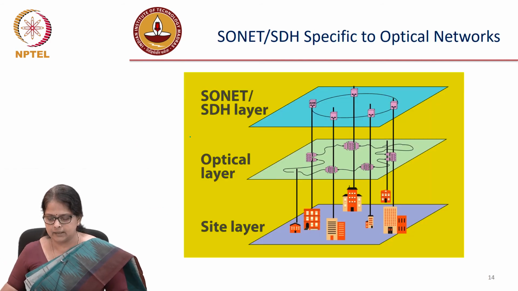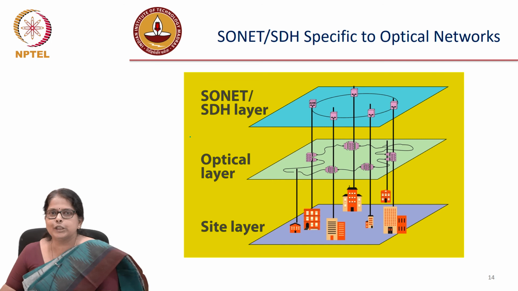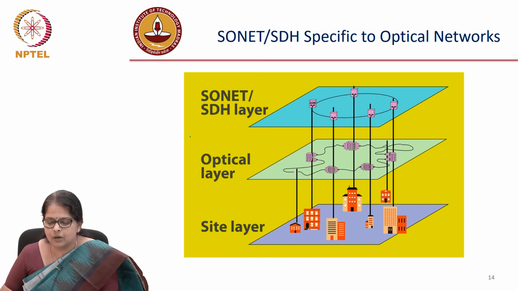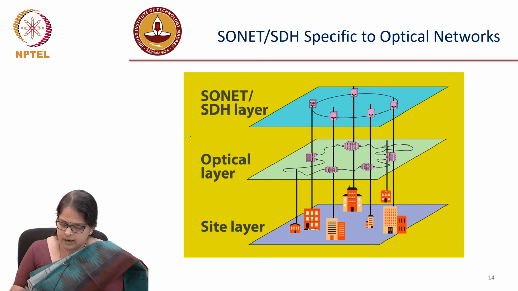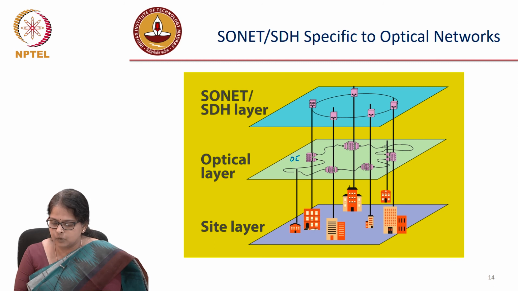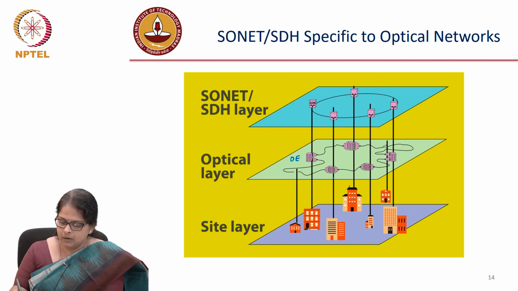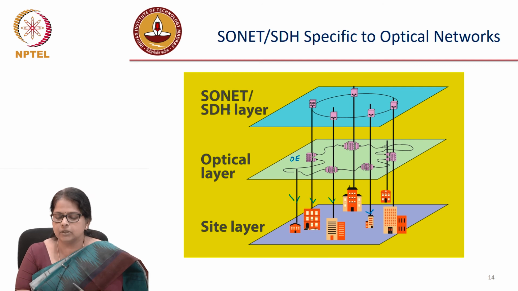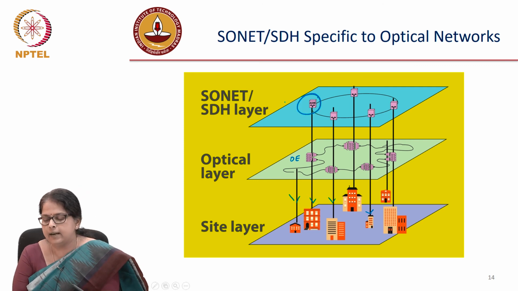Okay, so this is a picture that shows how this SONET layer lies. You have the optical layer which has these O2E converters, and this is all optical fiber, but above that you have the SONET layer which has the add drop, ADM is add drop multiplexers.